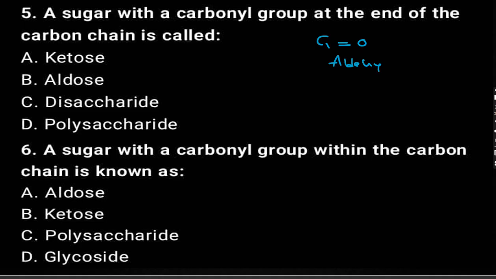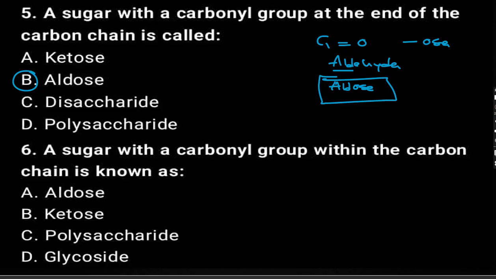From the word aldehyde we take out "ald", and for carbohydrates the suffix is "ose", so it becomes an aldose sugar. All these kinds of carbohydrates are called aldose sugars. So this is our answer.